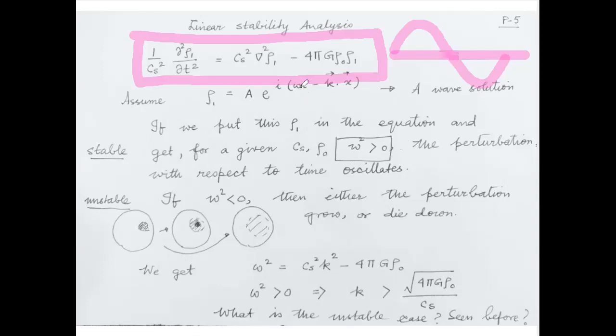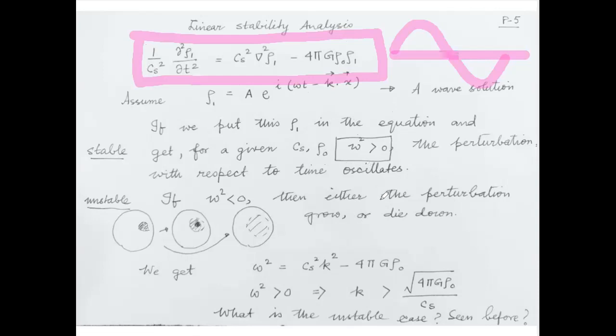That obviously will depend on the other parameters, like Cs and ρ0 in this case. But if I can keep omega square greater than 0, whatever condition it may be, that gives me the stable solution. If omega square is less than 0, then the perturbation will either grow or die down.